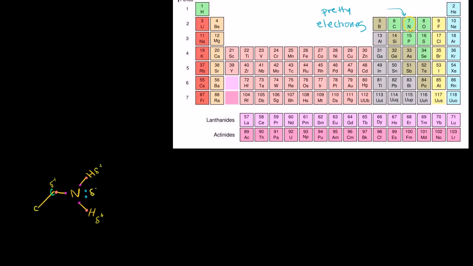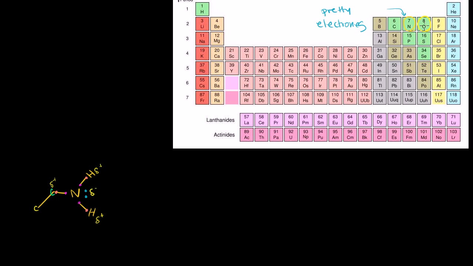You could imagine amines, when they are in a solution with other amines, are going to be attracted essentially via this type of hydrogen bonding. The partial negative nitrogens are going to be attracted to the partially positive hydrogens of other amines. Now, the hydrogen bonding for an amine is not going to be as strong as it will be for, say, waters or alcohols, because waters and alcohols involve oxygen.